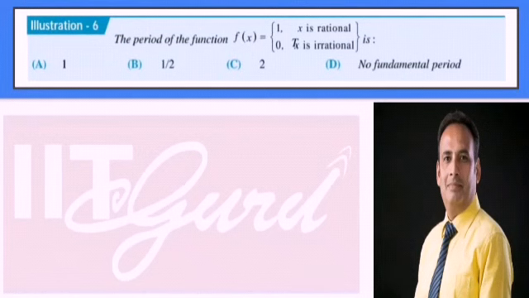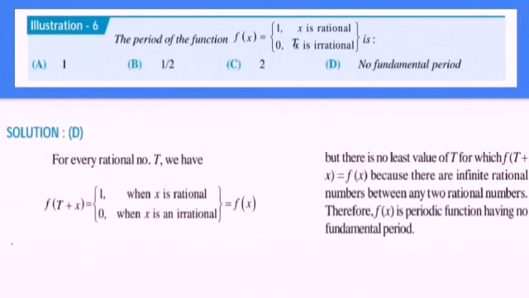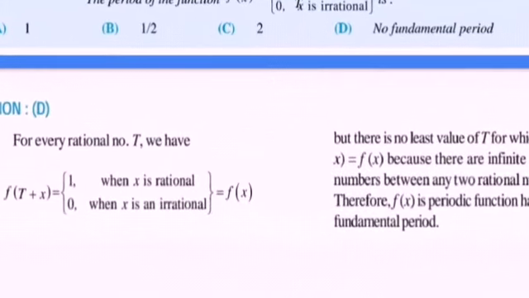Now let's see question number 6. The period of the function f(x) equal to 1 if x is rational, 0 if x is irrational. Here that is the question. Now try yourself. Solution: what is the period?